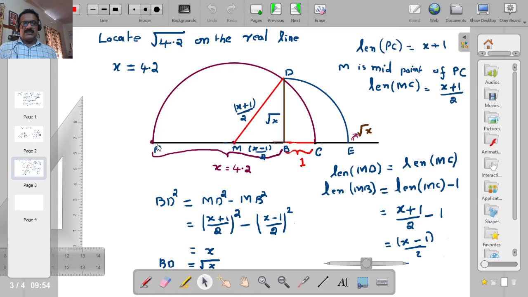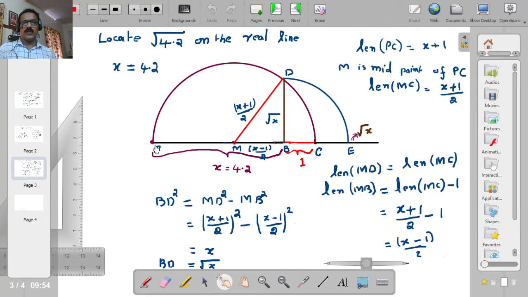Our first step is this. We will draw a line segment having length 4.2 units. See the line segment drawn in black color.